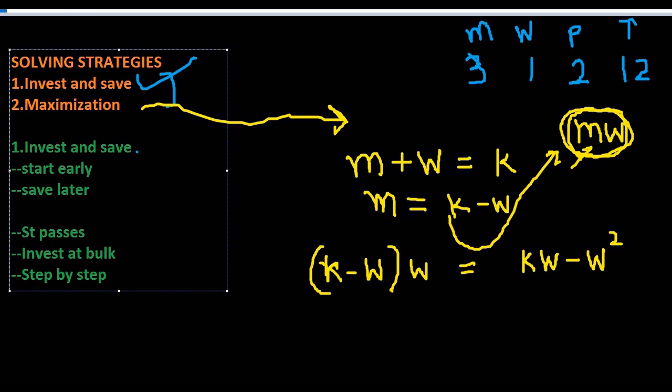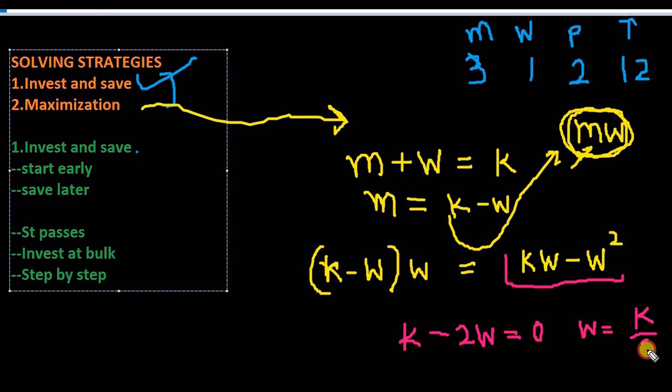Now we want to differentiate this equation. If you are from a mathematics background, you know that in order to find the maximum, we always differentiate. After differentiating, we get k minus 2w, and the right-hand side would be 0, because we always equate to 0. So now w, by basic calculation, will be k by 2.